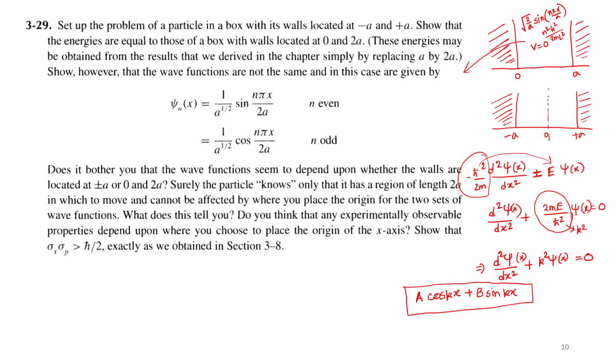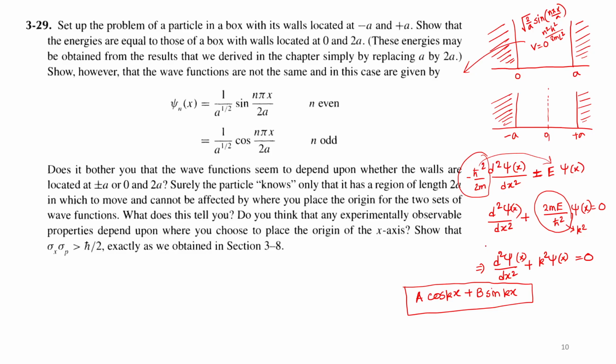Now the problem comes because the boundary has changed. Earlier the boundary was 0 to a. What we generally do is that at the boundary ψ should be 0, because outside the potential is infinite, so the molecule would not be there.